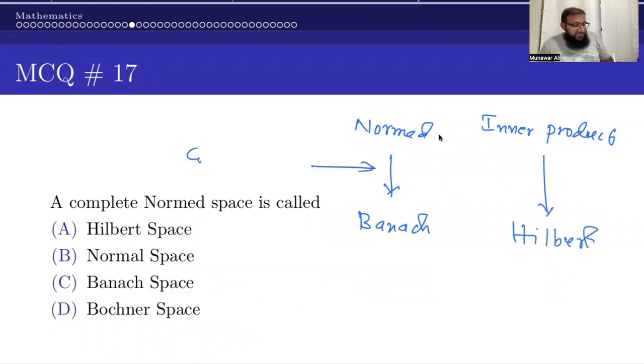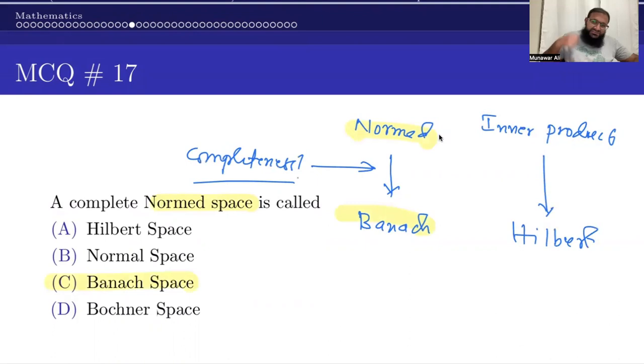So this is completeness. So a complete normed space is called a Banach space. Nothing else. That's it.